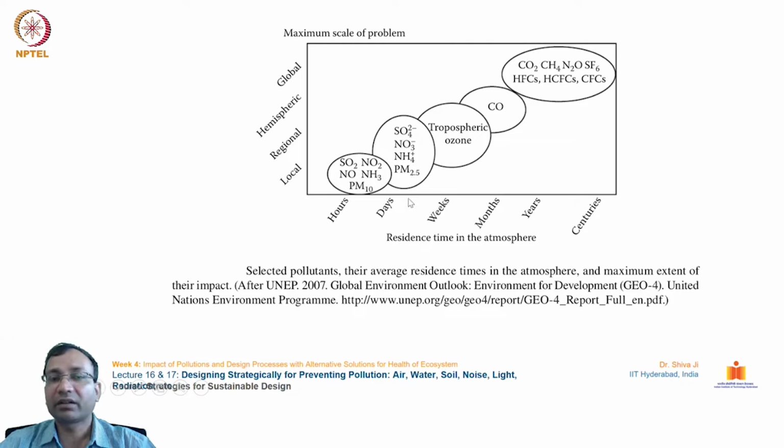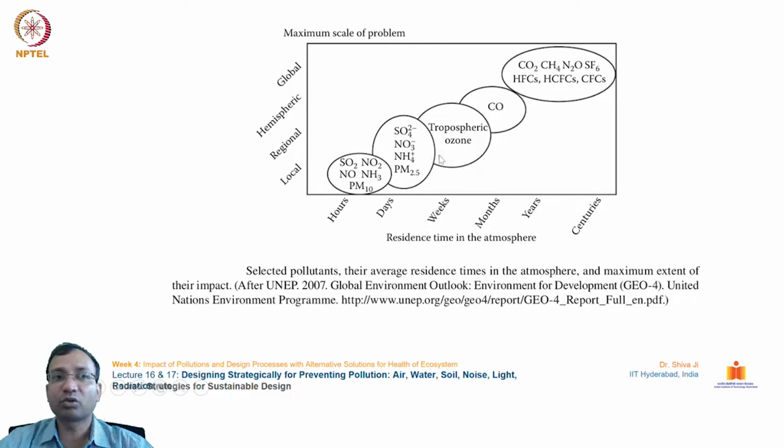If they are released in any place or atmosphere, they are going to be there for several weeks and can spread up to a region. A region can extend to hundreds of kilometers. This is how they create their impact.